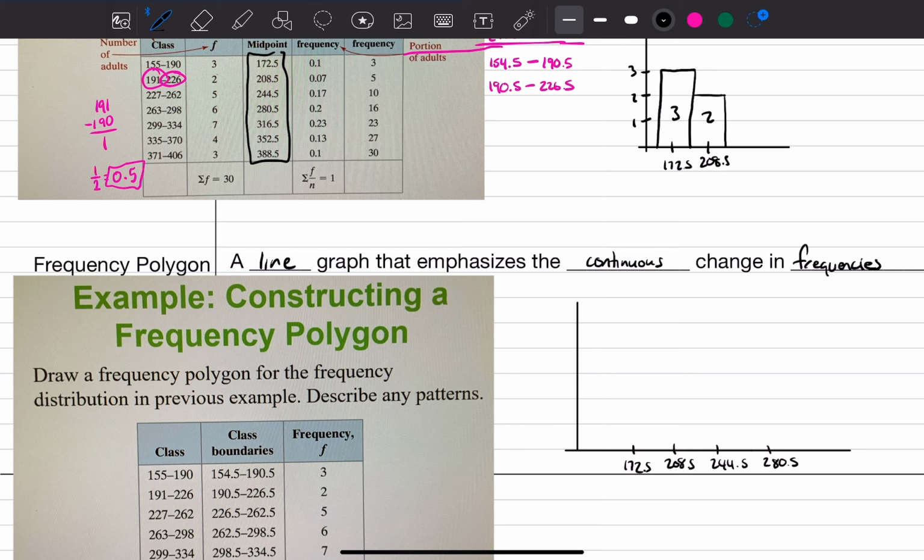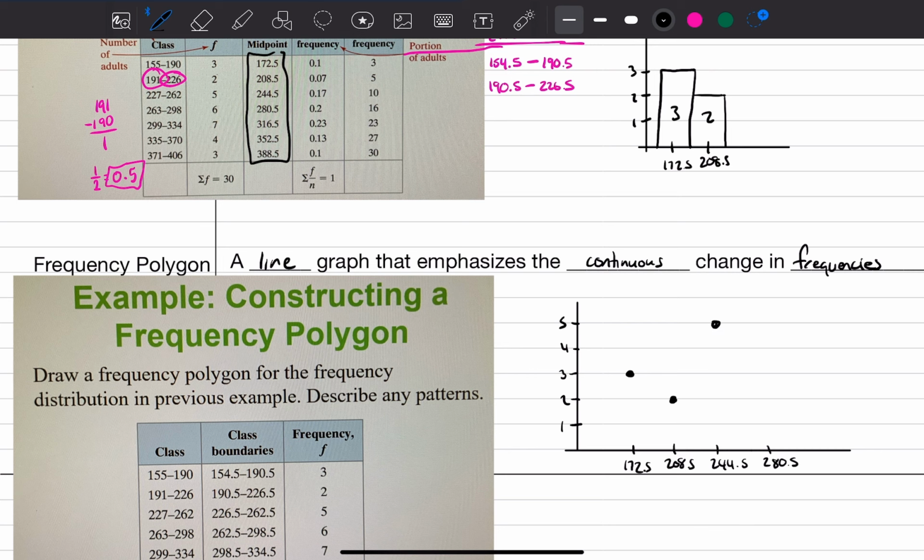You're going to go ahead and keep track of the frequencies using a line graph. So the first class has a frequency of 3, so we will go up to 3 and place a dot there. The next class has a frequency of 2, so you go to 2, place a dot there. Next class is 5, so we'll go to 5.